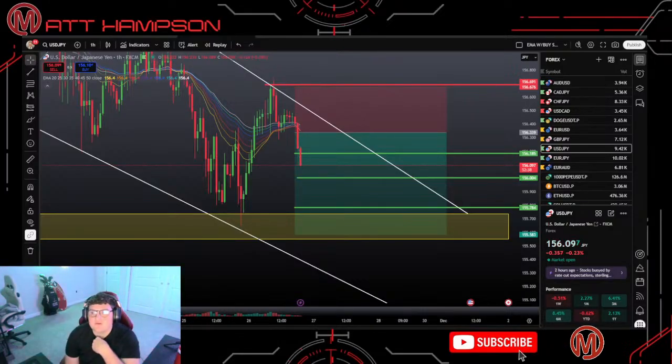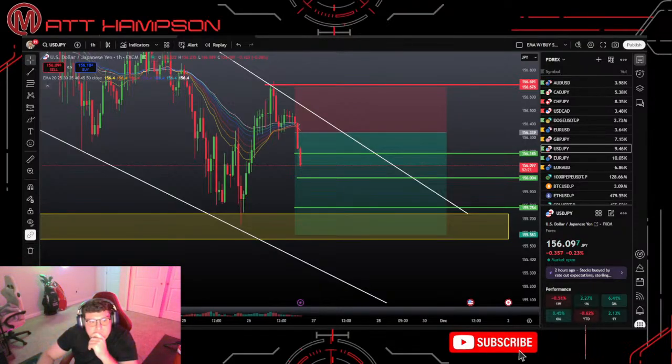So the value of a pip is going to be different depending on what leverage you're trading at, if that makes sense. Does that help? They help you calculate profit and loss, and it's used to measure the spread.